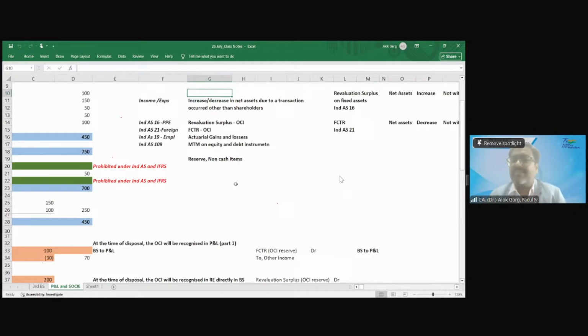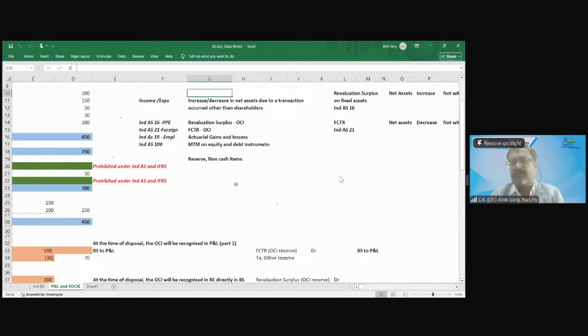Likewise, if there is a decrease in net assets due to a transaction happening with a party who is not a shareholder, then it is known as an expense. अगर आपकी नेट एसेट्स गिरती है, कब गिरती है? जब आप कोई ट्रांजैक्शन करते हैं उस पार्टी के साथ जो कि आपका शेयर होल्डर नहीं है, दिस इज नॉन एज एन एक्सपेंस। ये आपका डेफिनेशन है इनकम और एक्सपेंस का.